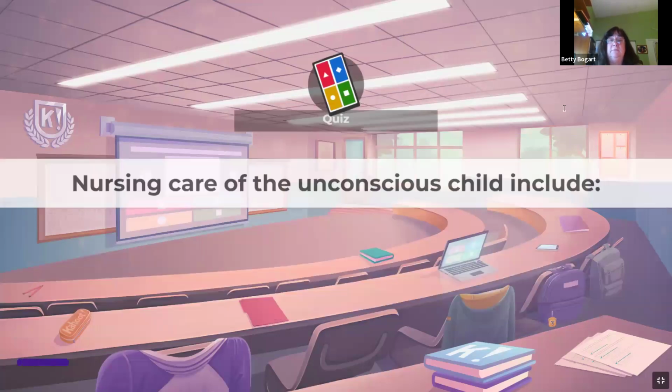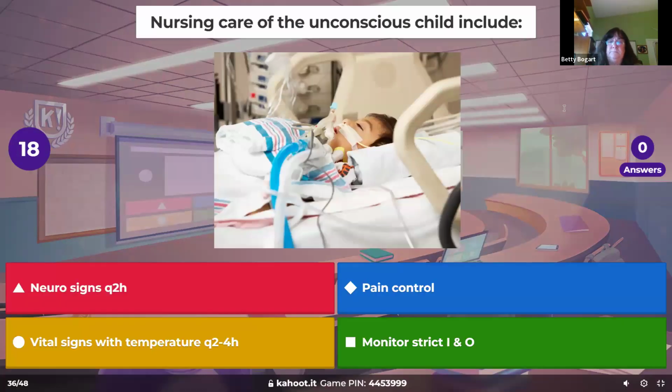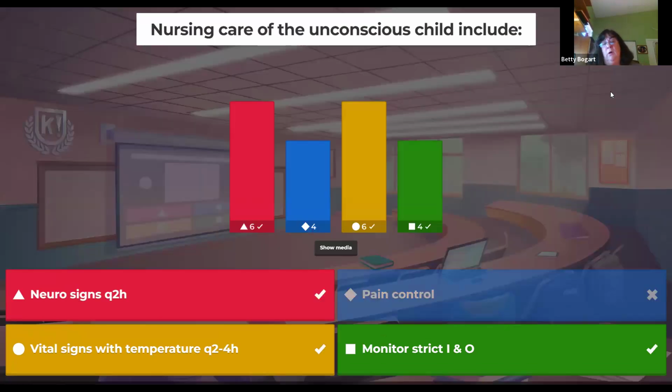A multi. Nursing care of the unconscious child should include... so you have a kid who's unconscious. We're going to do all the normal stuff.